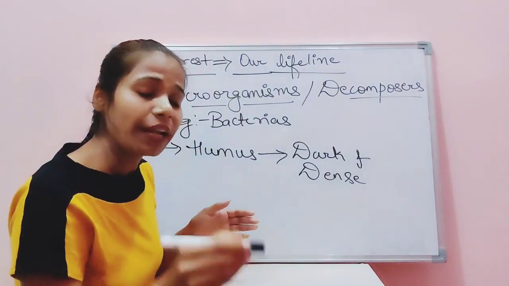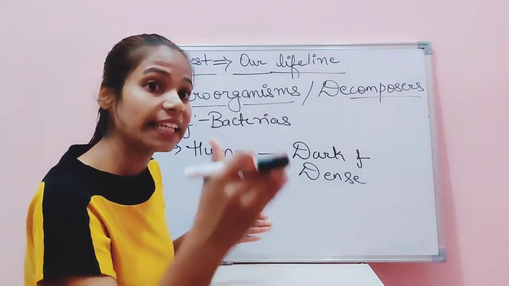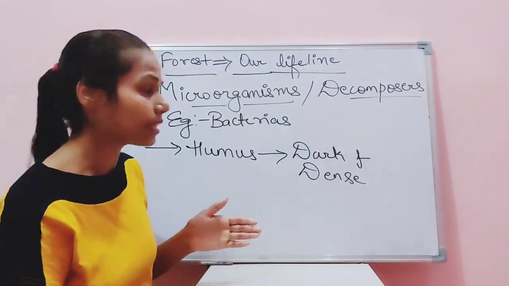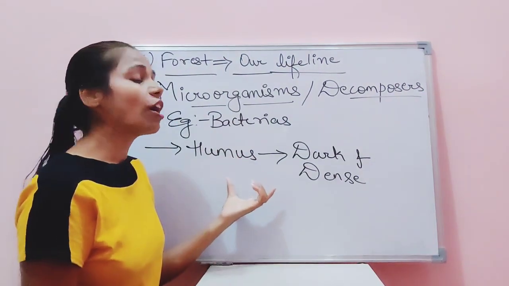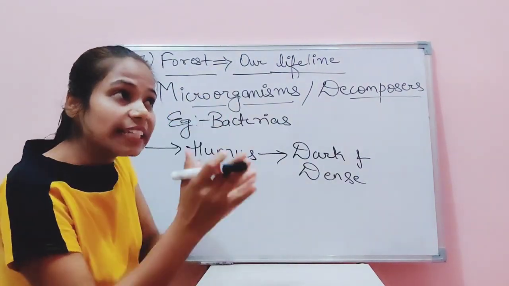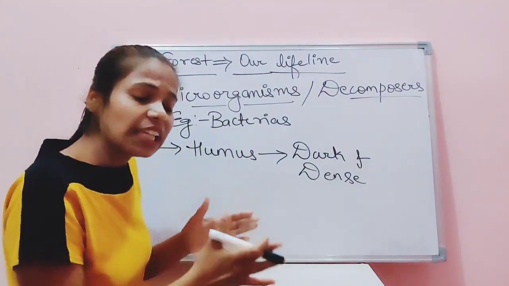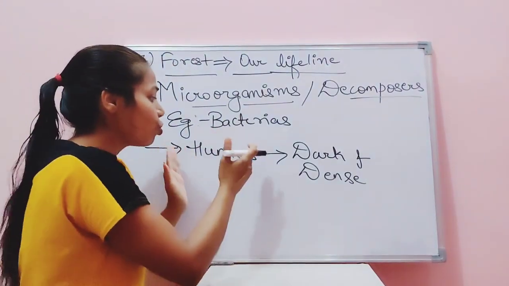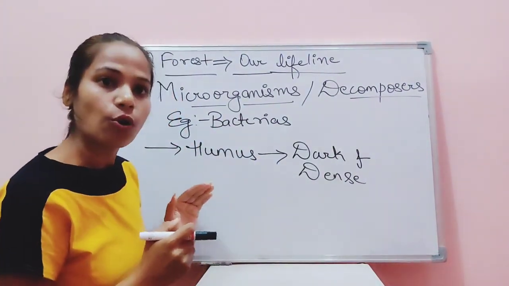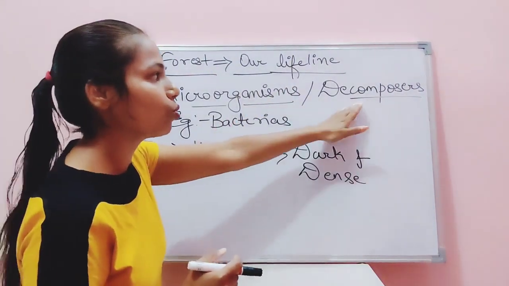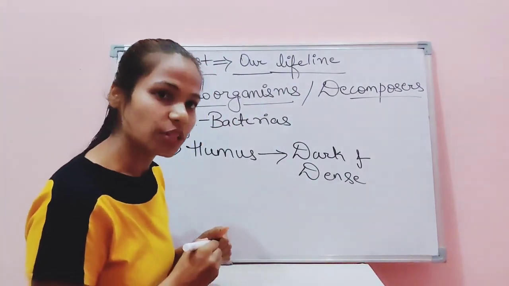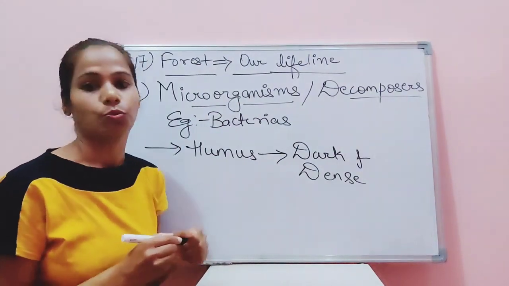They are dependent upon dead and decaying matter of living things and convert it into a very dark and dense state, the decomposed state, which is known as humus. Hence they are also known as decomposers. Okay, thank you.